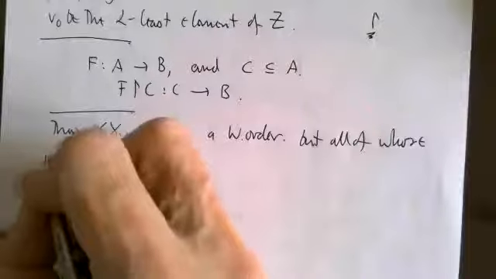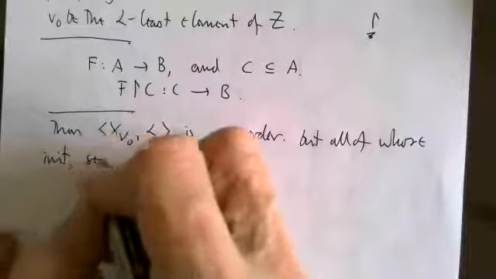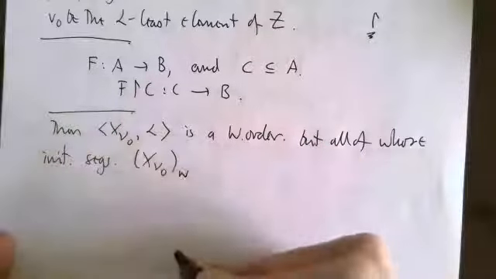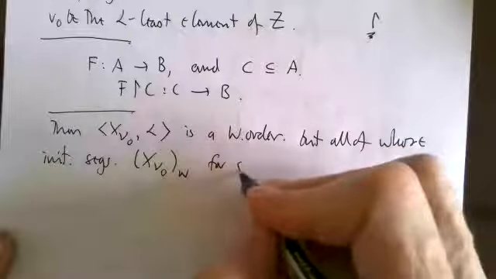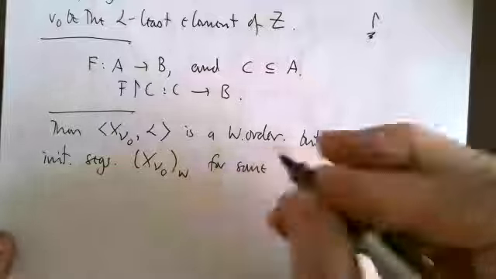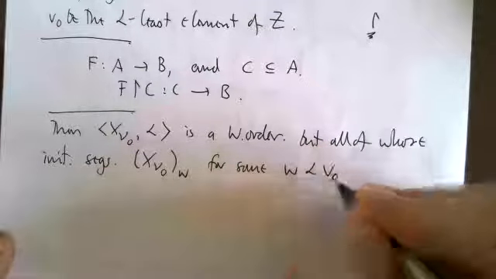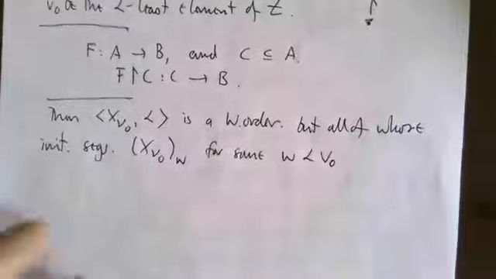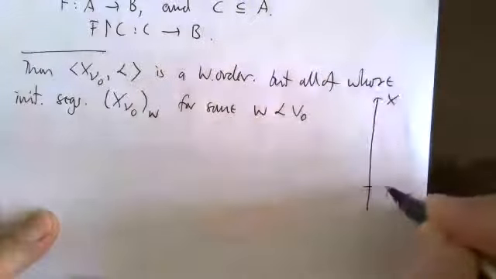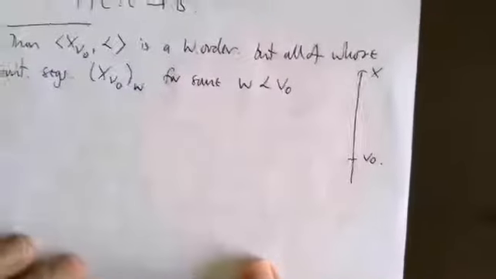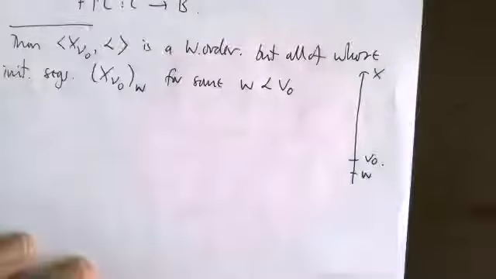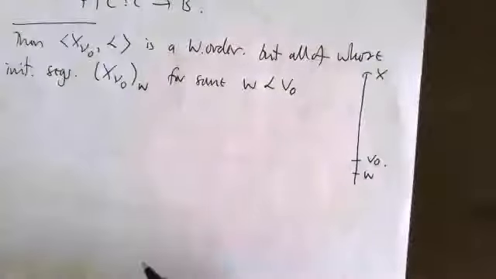But all of whose initial segments, so things that look like this, okay, for some W that comes before V0, right? So here will be X, here's this V0, initial segments down here determined by W's below V0.